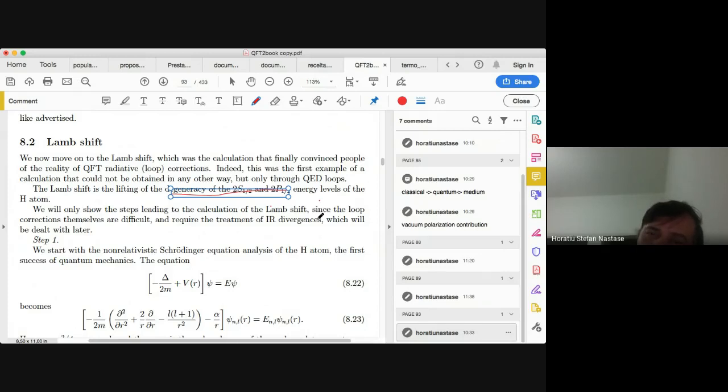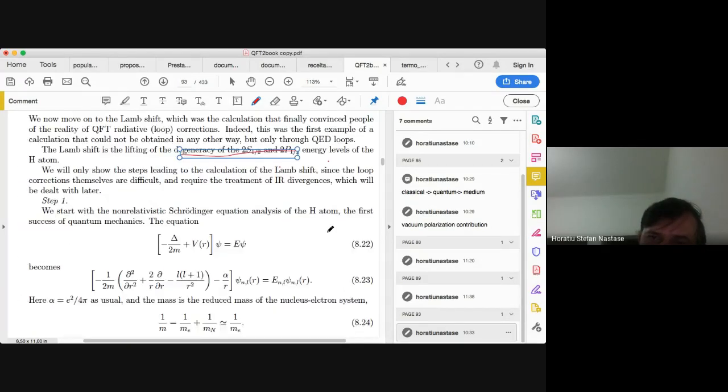So the only thing I will present here is how you get to the Lamb shift, so all the other possible contributions, and show you where the Lamb shift quantum field theory calculation comes from, though I will not actually calculate it.